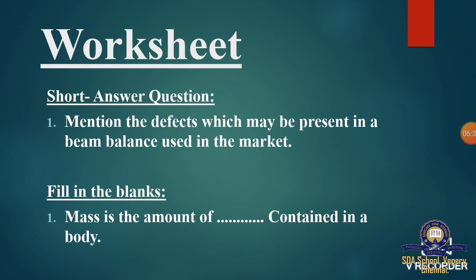Some of the defects are that the lengths of the arms can be different and magnets can be placed under the beam balance illegally to produce wrong measurements. These are the defects in the beam balance which you can write on paper. Next question: mass is the amount of dash contained in a body.